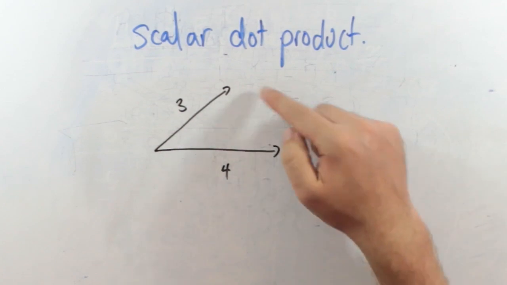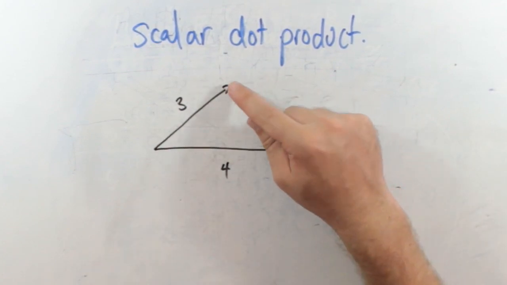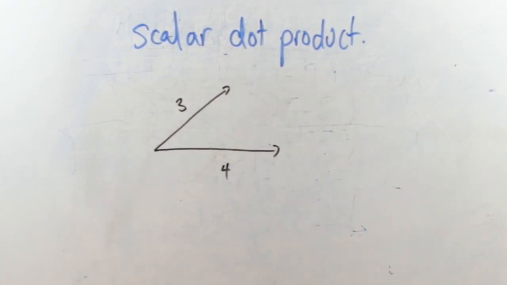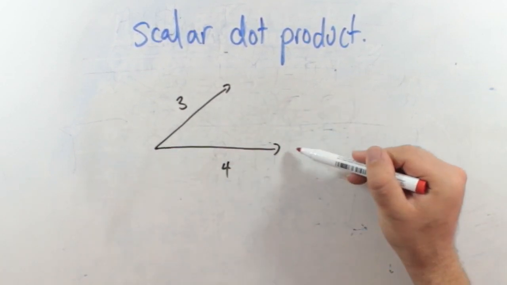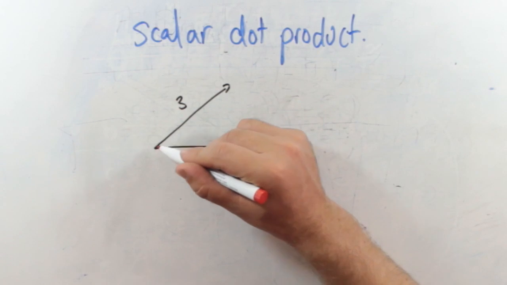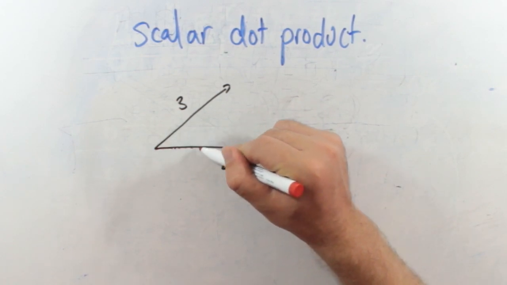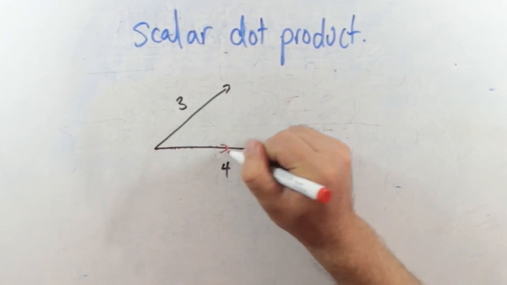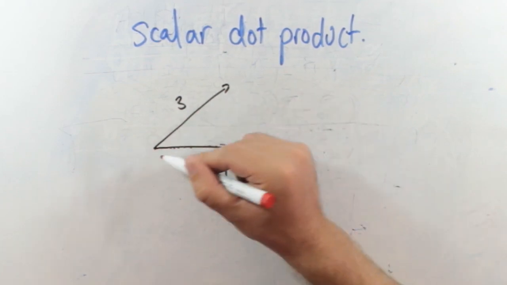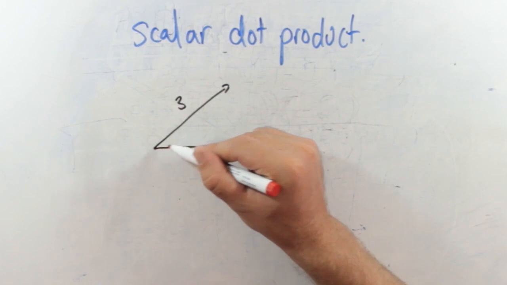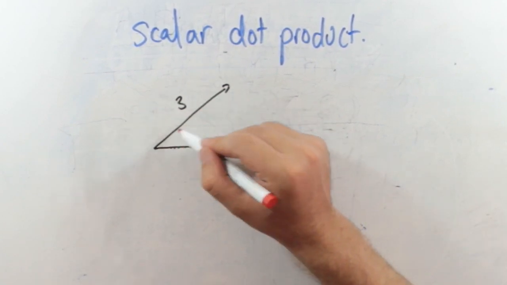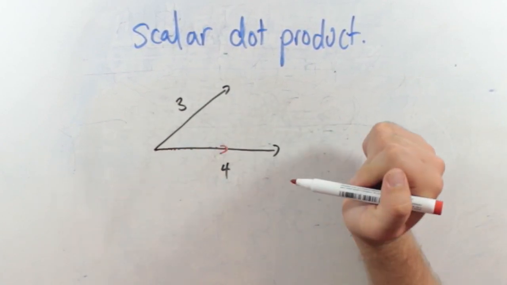Basically what we ask is what component of this vector is going in this direction. This vector is going this much to the right, and it's obviously going up some amount as well. So how much of this 3 vector is going to the right?